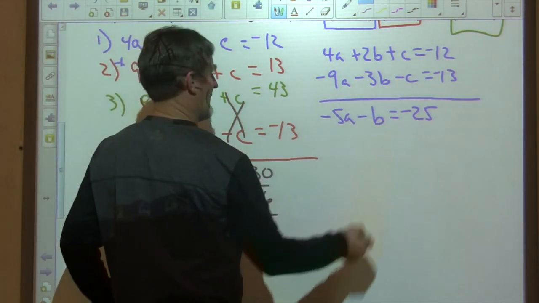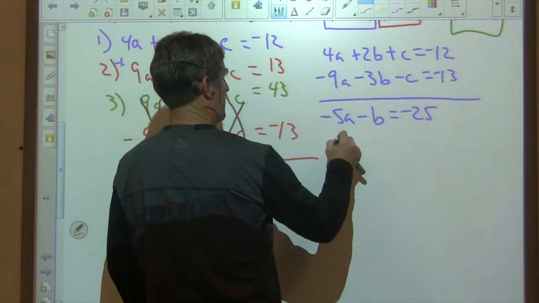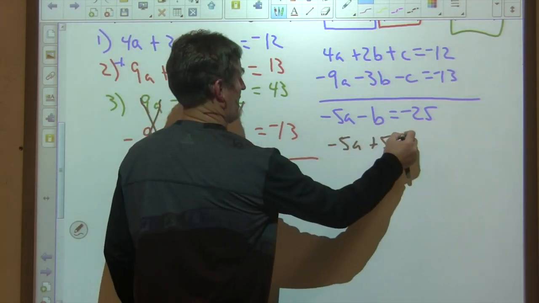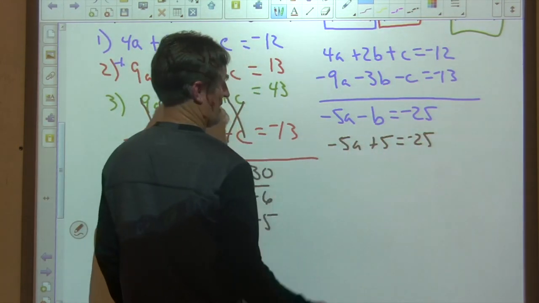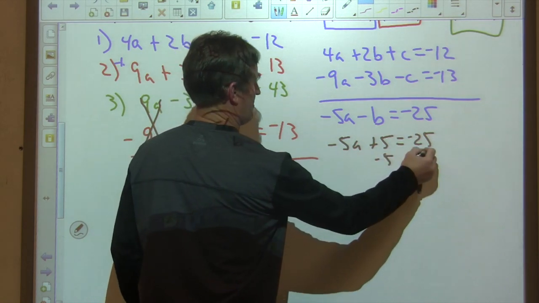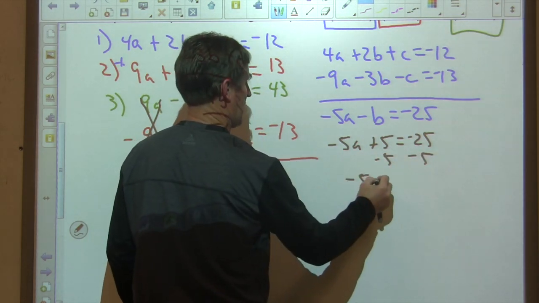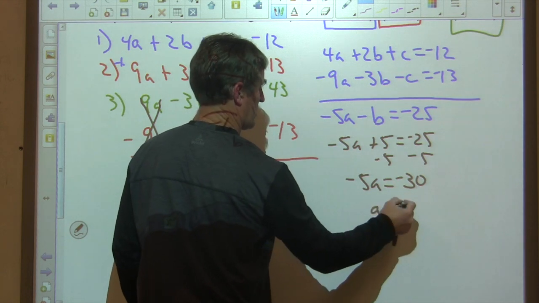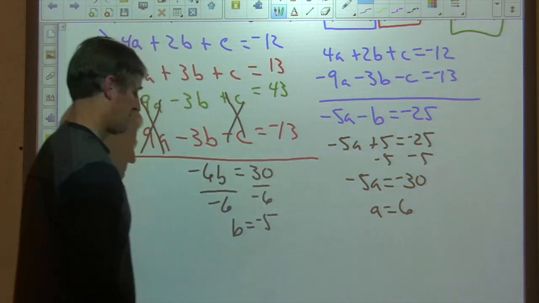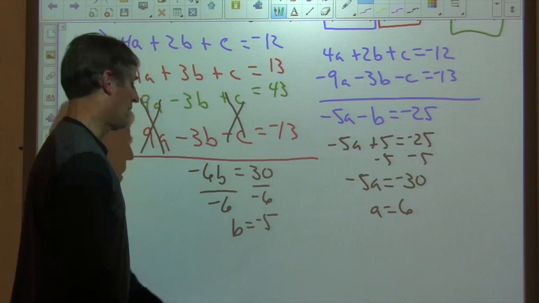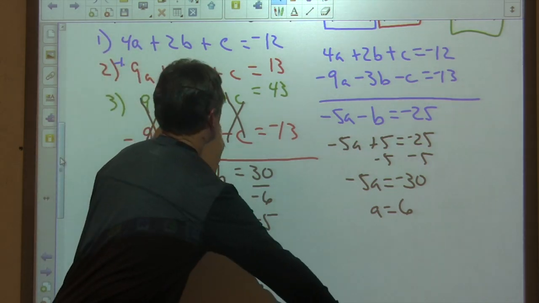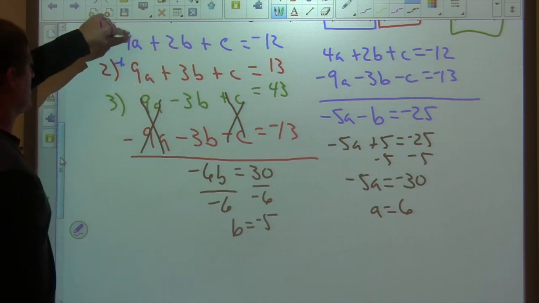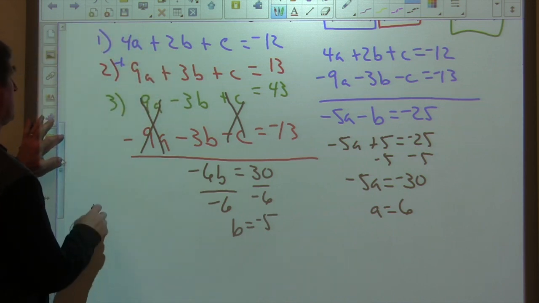I can now plug that in. So negative 5a minus the negative 5 becomes plus 5 equals negative 25. Subtract 5. So negative 5a equals negative 30. And so a equals 6. And now I can plug that in to any one of my equations to solve for c. So I'm going to plug it into this one up here.